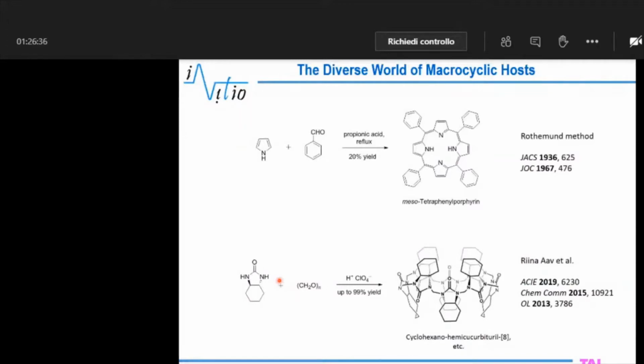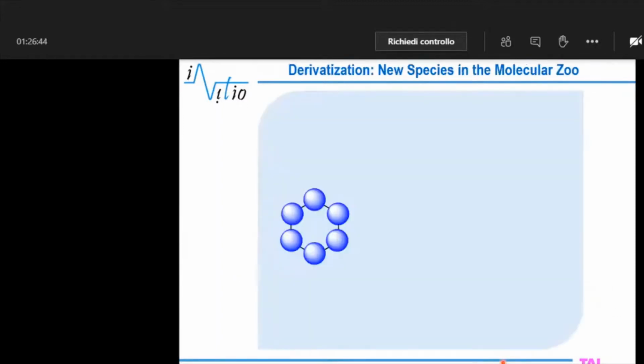Today I would like to focus not on that chemistry, which is already very well known, but on post-synthetic modification or derivatization of these macrocycles, how to produce new molecules out of these easily available uniformly functionalized macrocycles.